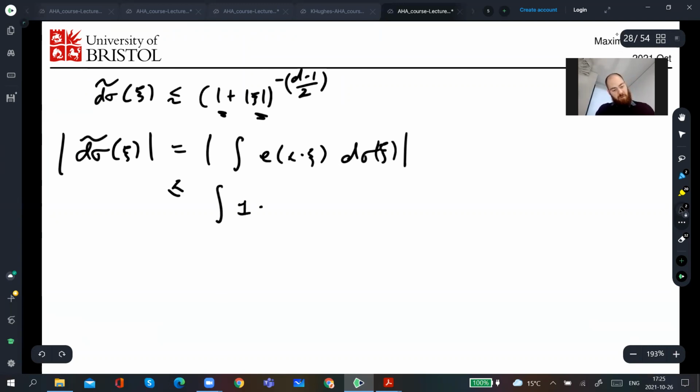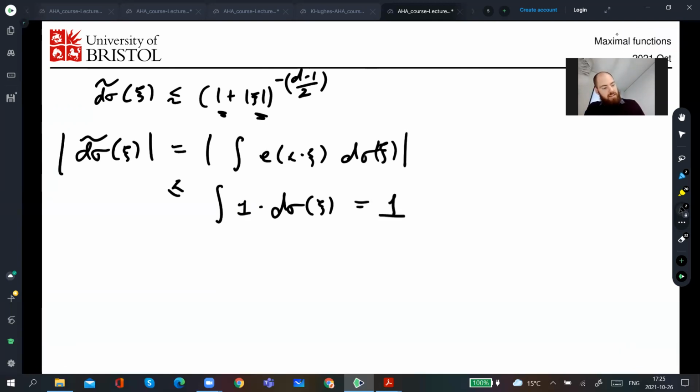It's at most 1 times d sigma of c. I could have absolute values here, but that's not necessary because the measure is non-negative everywhere. And we've normalized it so that this is just equal to 1.